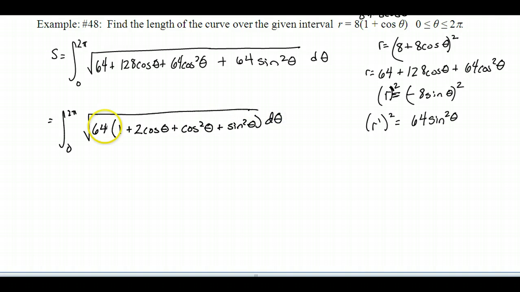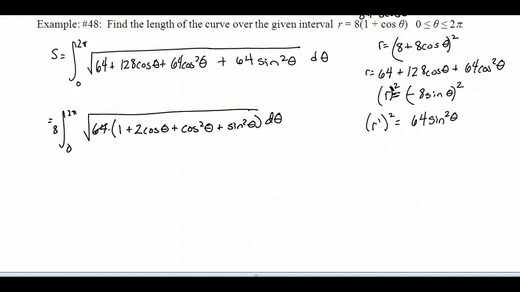d theta. Now, by properties of radicals, because we've created multiplication here, I can take the square root of 64, which is 8, and factor that out. The other thing we see is cosine squared plus sine squared, which you should be looking for.